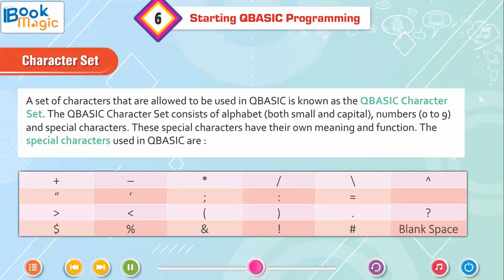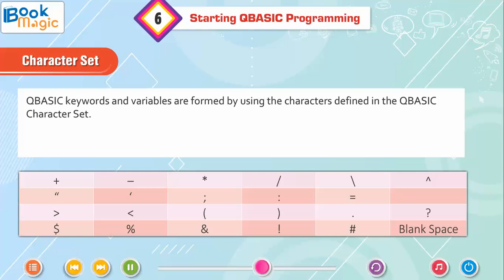The QBasic character set consists of alphabet, both small and capital, numbers 0 to 9, and special characters. These special characters have their own meaning and function.